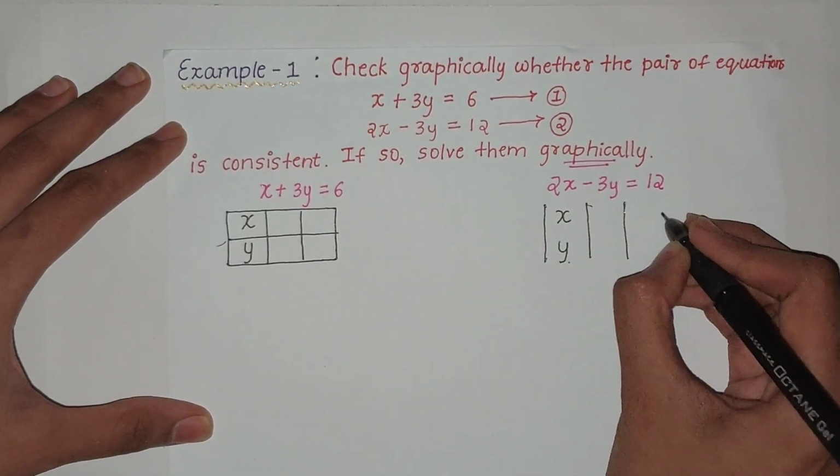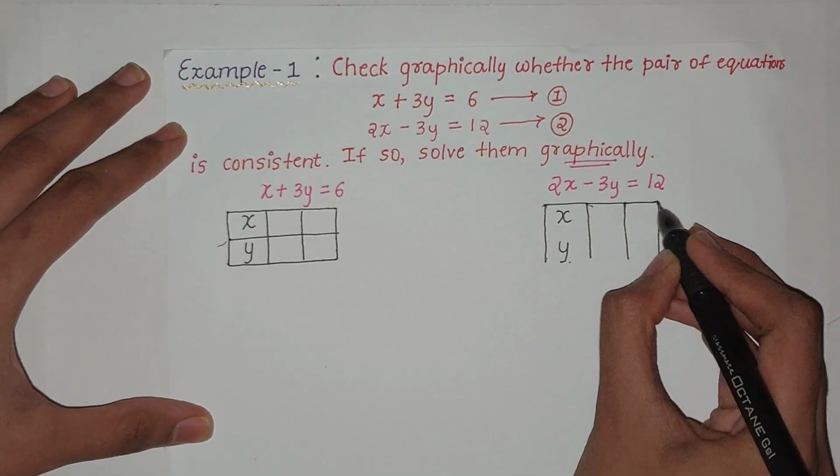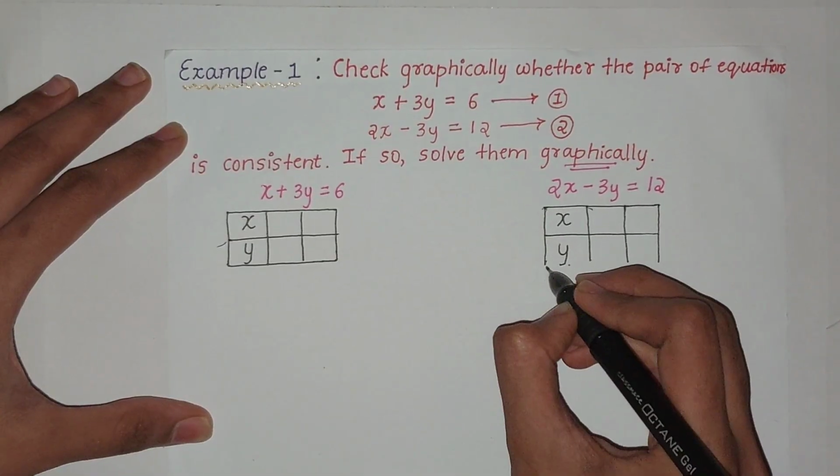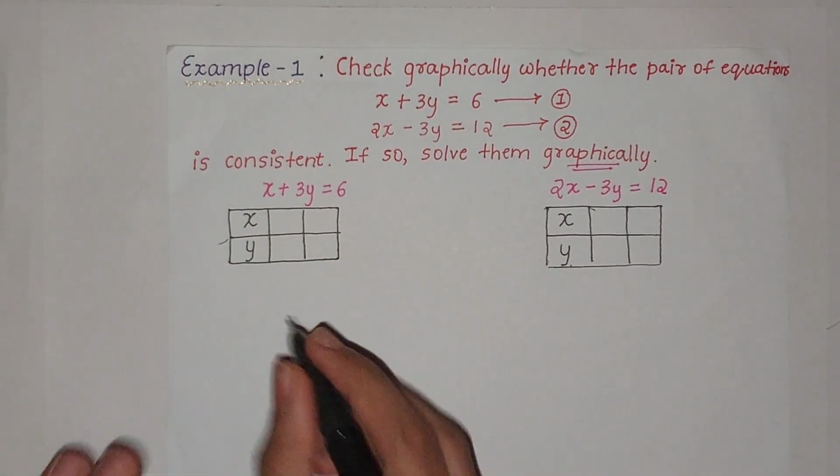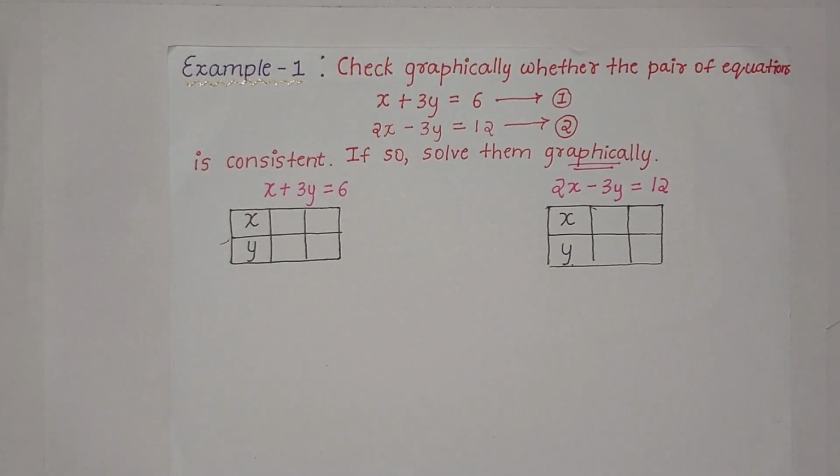Now, whatever equation you have here, x + 3y = 6, you should write it in terms of y.